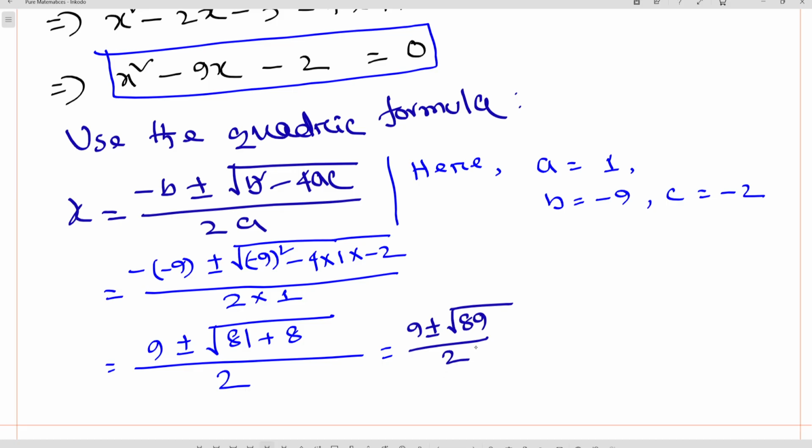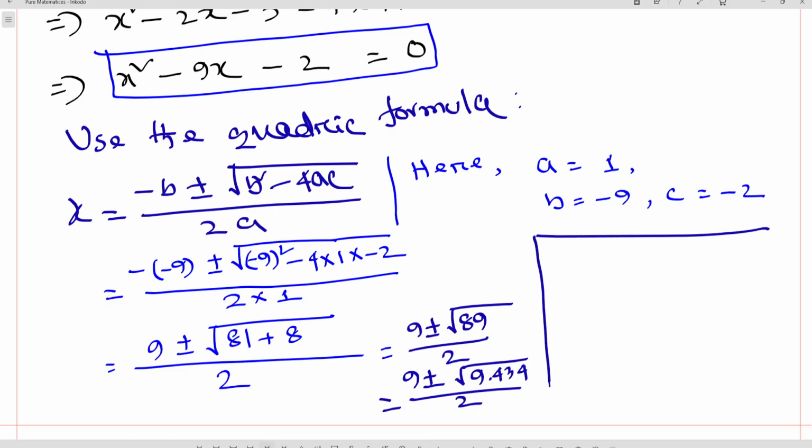Okay, so root 89 is 9.434, divided by 2. So here are 2 answers.